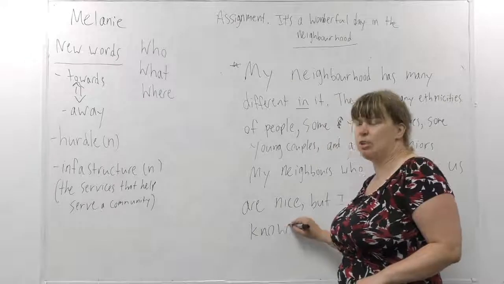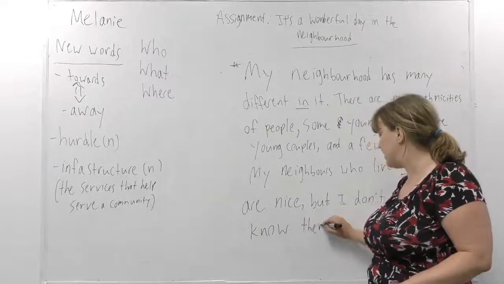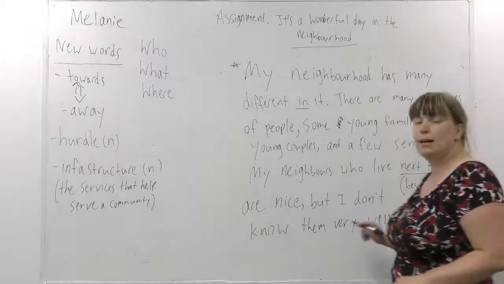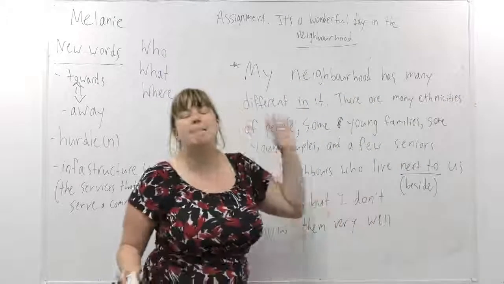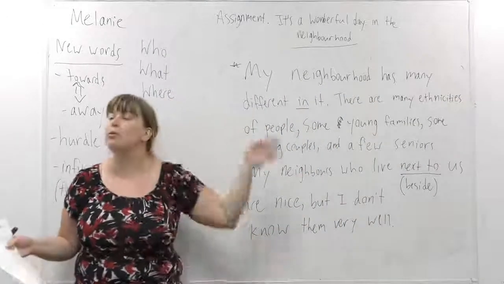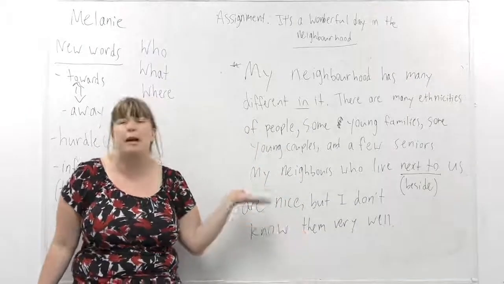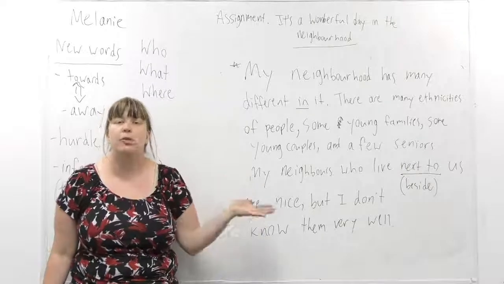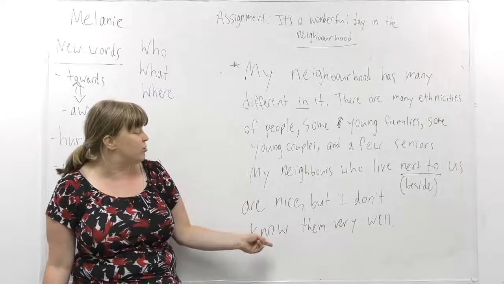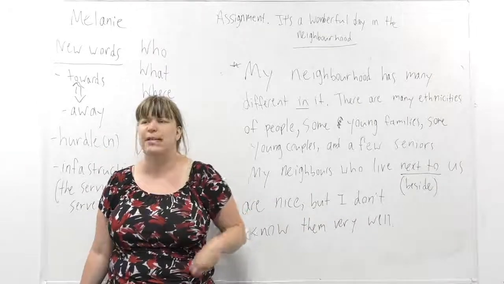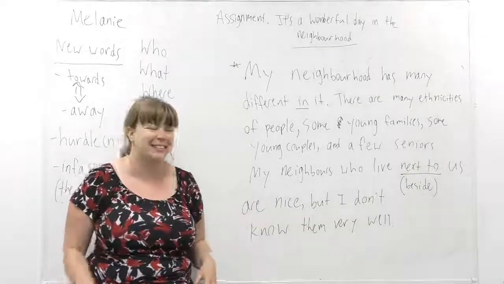We don't talk too often, unfortunately, but they are nice people. So that's my paragraph about the people who live around me. That's an example of what you could write. Again, this could be tricky, but try to think of some adjectives like nice, or angry, noisy, loud.